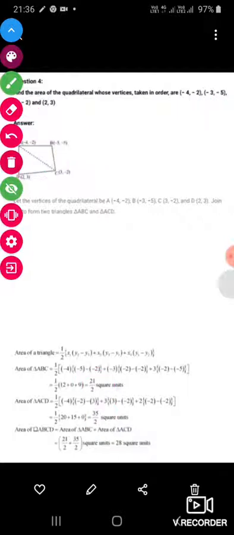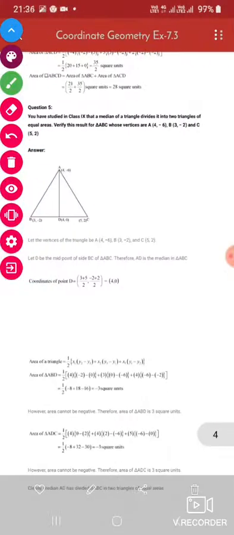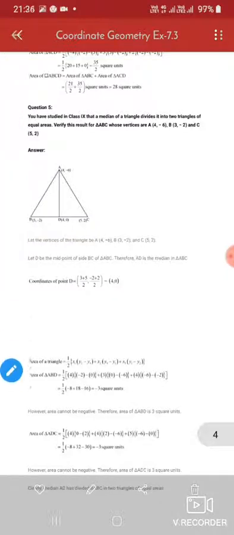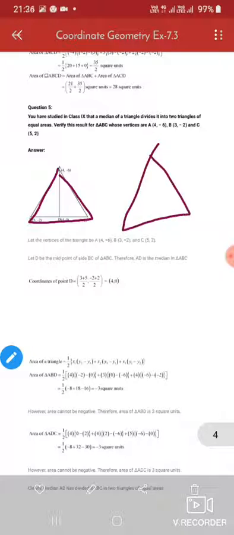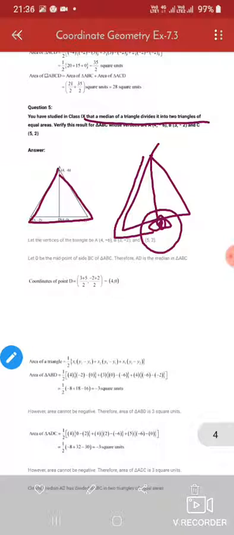Now your last question, and that's from your midpoint. If you remember, in class 9th you have done, if there is a triangle and a median is drawn, then this will be the midpoint. In class 9th you studied that a median divides the area into equal parts. So what you will do, first of all you will get the coordinates of this D by the midpoint formula they have done here.